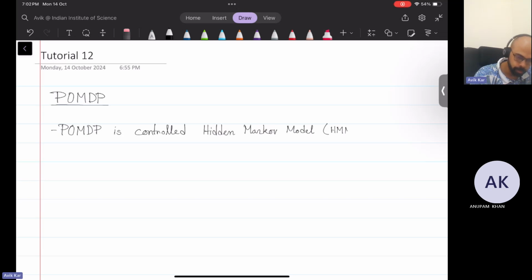What does that mean? There is something called hidden Markov model, and there is a control element to it that makes the entire thing a partially observable Markov decision process.